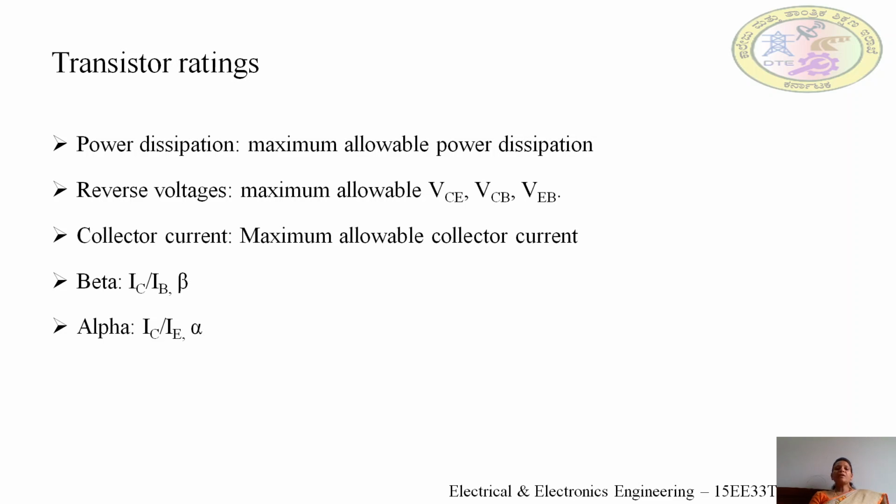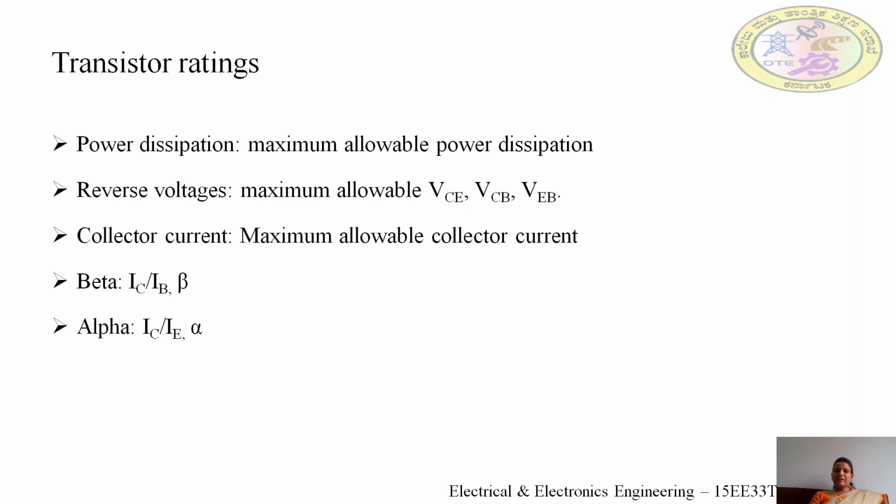This is the current that can be handled by a transistor safely, because as the collector current increases, temperature increases. As the temperature increases, power dissipation also increases. So if the collector current is beyond the maximum allowable collector current, your transistor may get damaged.